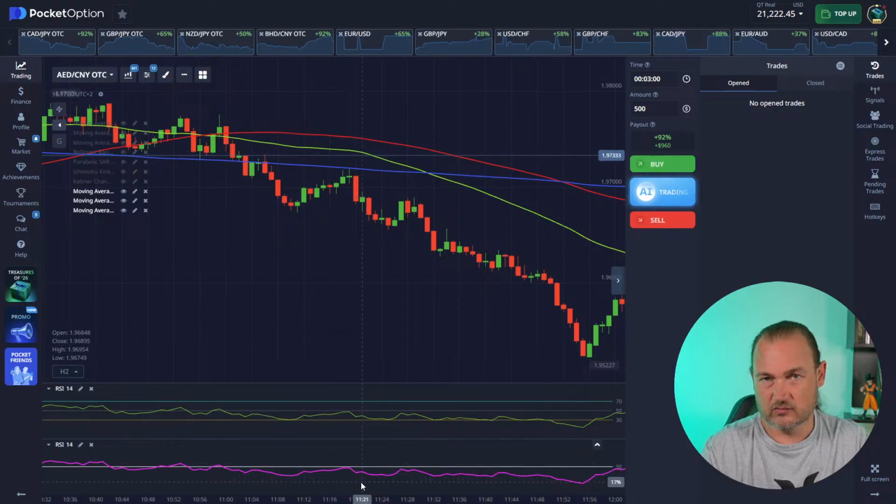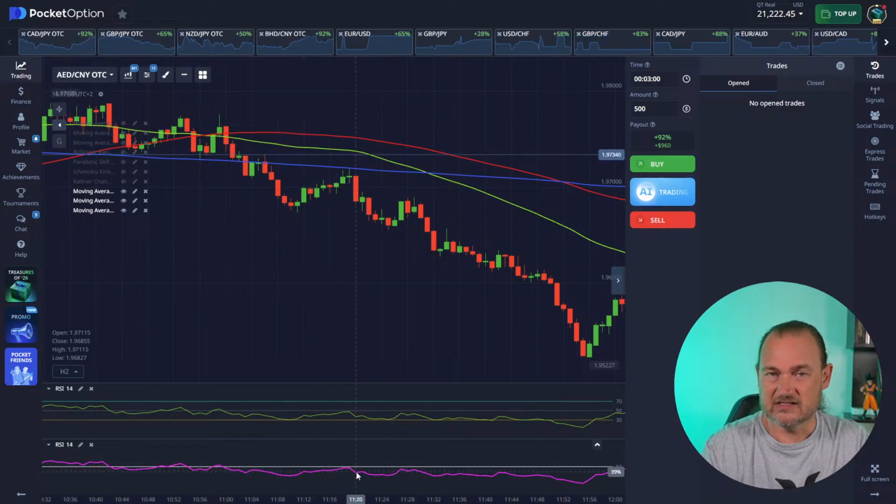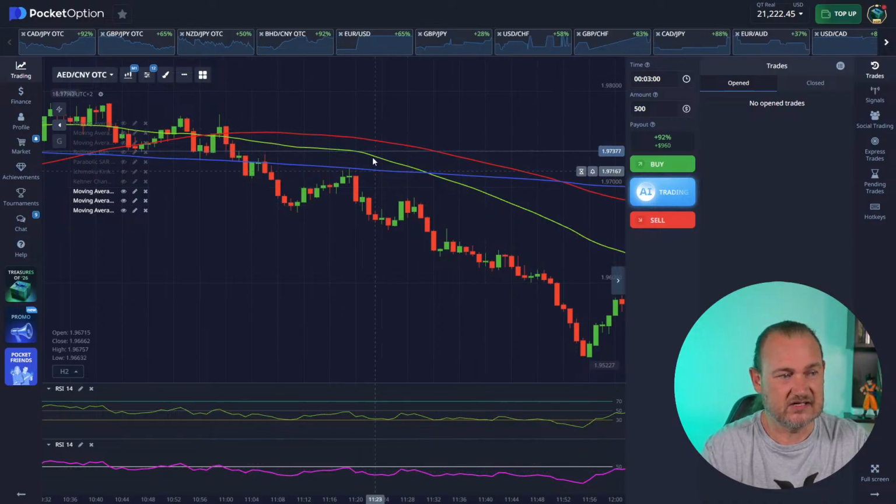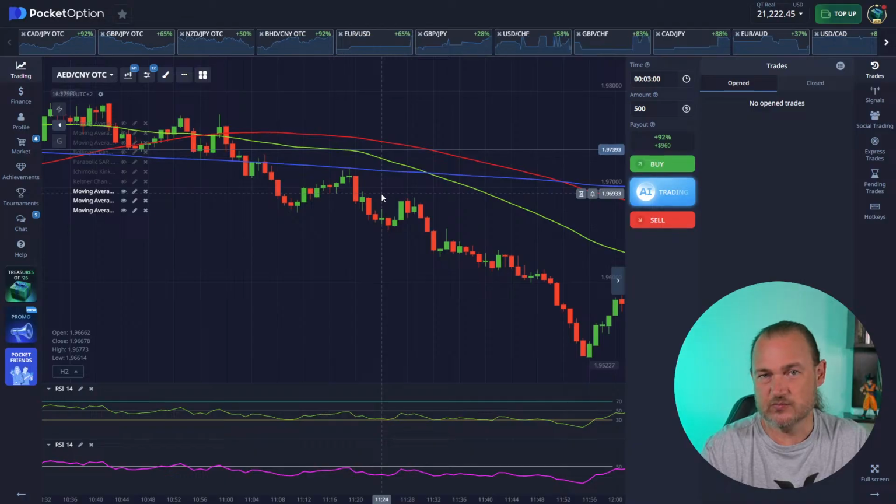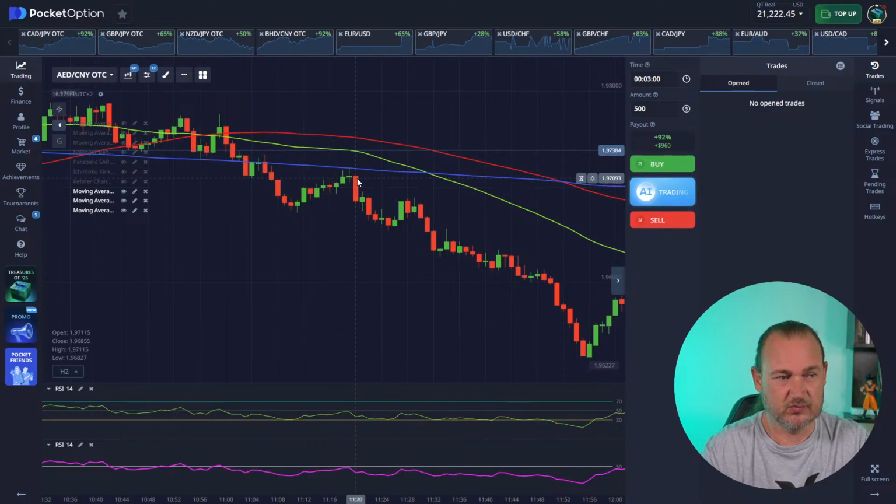It turned downwards quite sharply, moved away from the 50 line. So this is telling me that bearish momentum is still maintained. Price still has bearish momentum, and this is most likely just a small correction, and price will continue its way downwards. And indeed, that is what happened.